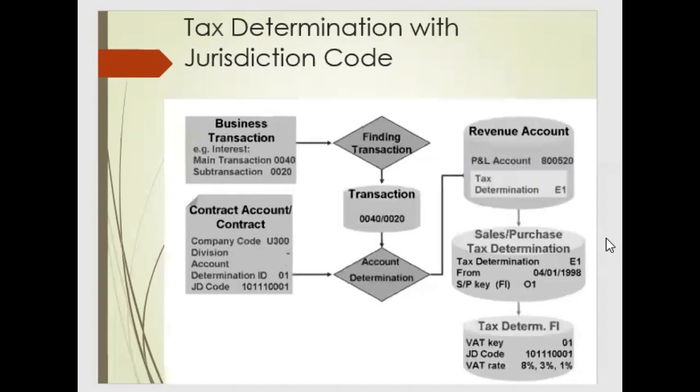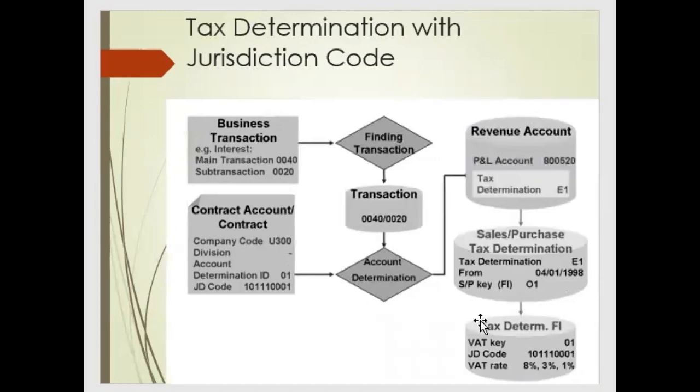Let's move on to the next now. So when we define a tax code, in India we currently have GST, so we define that GST code. In Europe, they have VAT code. So we need to define the jurisdiction code.